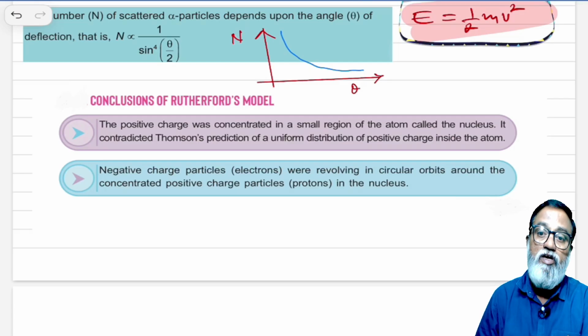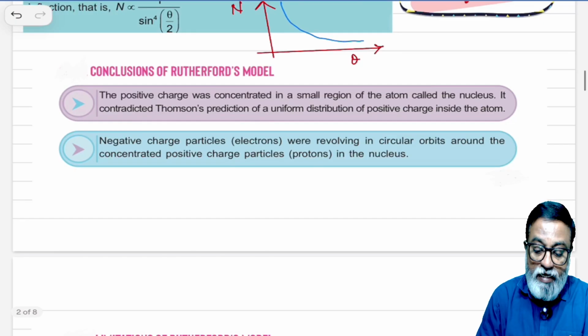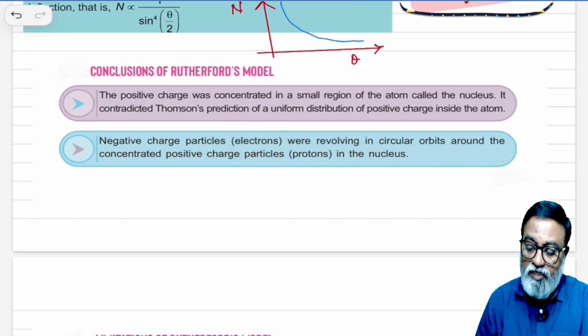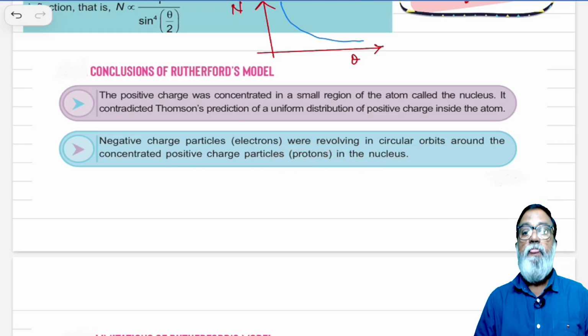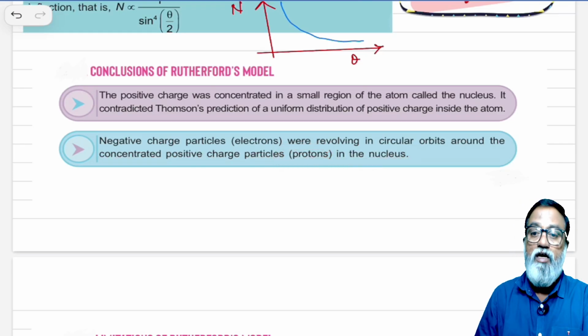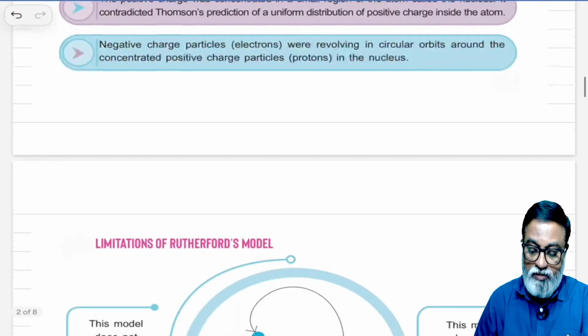That central part is called the nucleus. Negatively charged particles, that are electrons, were revolving in circular orbits around the concentrated positive charge, that is protons, in the nucleus. Therefore, here electrons are revolving around the nucleus. These are the conclusions.